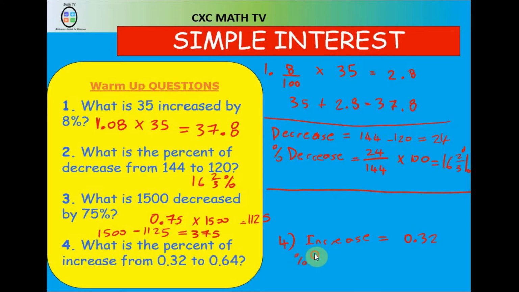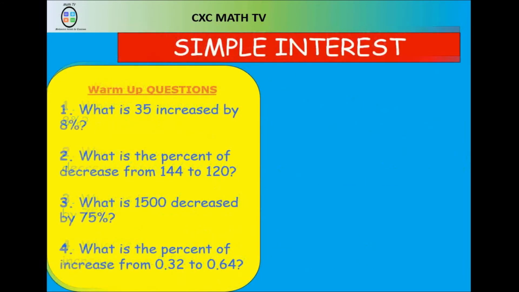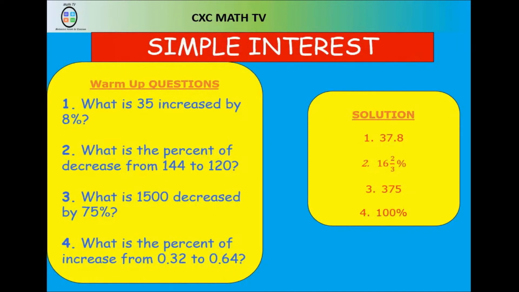And so the percentage increase is equal to the increase amount, 0.32, divided by the original value, 0.32, multiplied by 100, and that is giving us 100. So there's a 100% increase from 0.32 to 0.64. Really nice. So these are all the answers for number 1, number 2, number 3, and number 4.